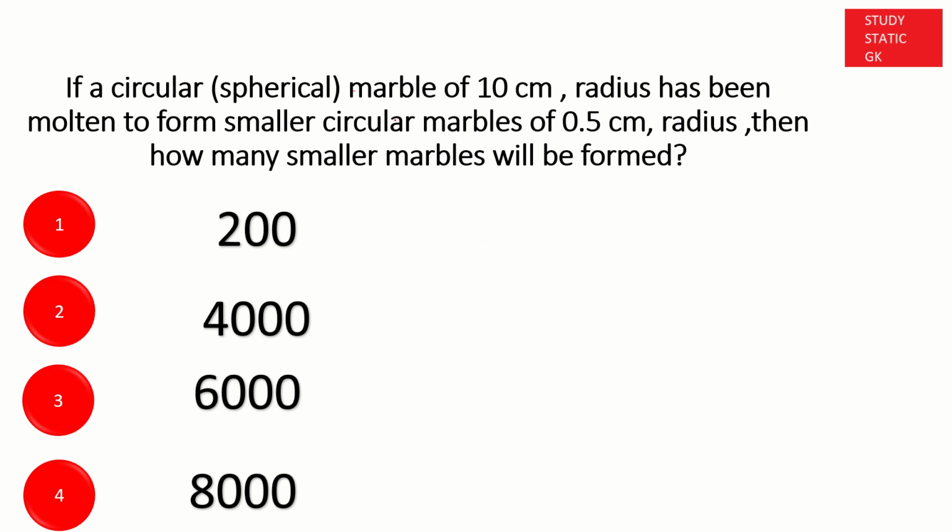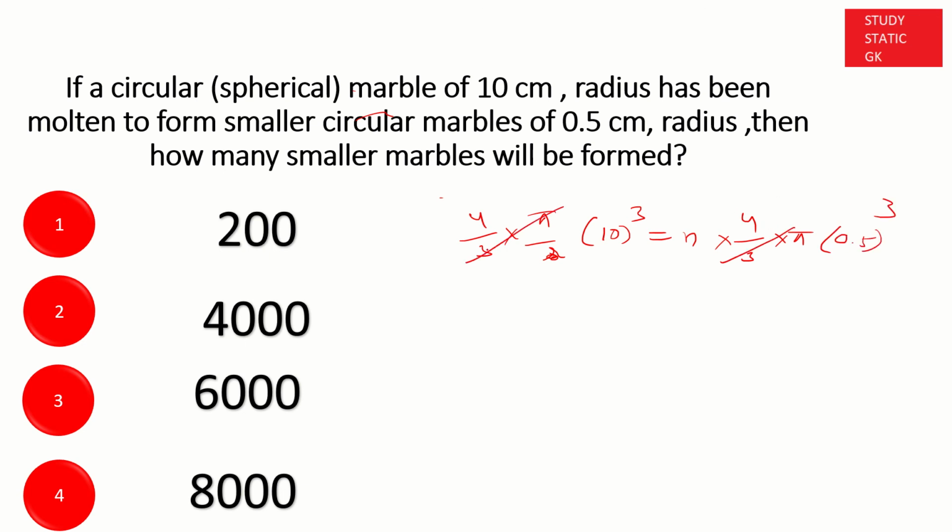So here the bigger one is generally 4 by 3 pi r cube, right? 10 cube is equal to n into 4 by 3 pi, the smaller one 0.5 whole cube.